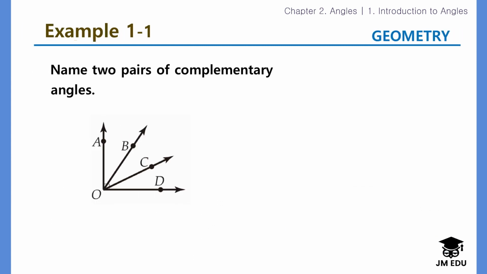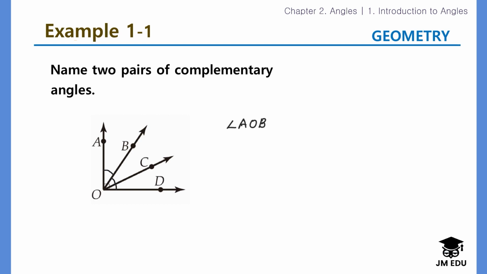Let's try example number 1-1. It says name two pairs of complementary angles, right? Complementary angles are two angles that sum to 90 degrees. So we can write angle AOB and angle BOD, right?